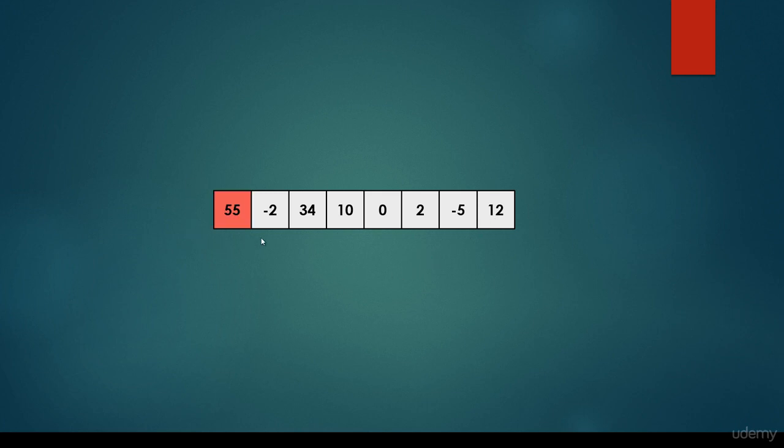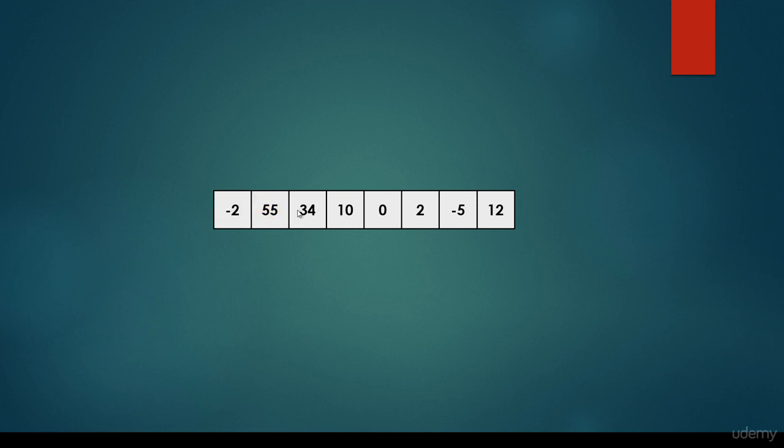Okay, of course we start at the beginning. It is the first item, so that's all. Then we consider the next one, and basically we keep considering whether the items before that given one are smaller or greater than it. 55 is greater than -2, so we shift it. And that's the only item we have to consider, so that's all.